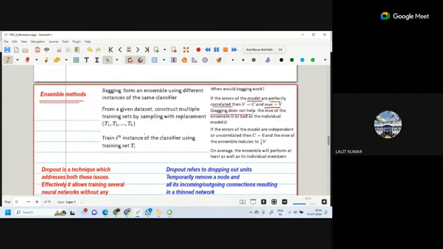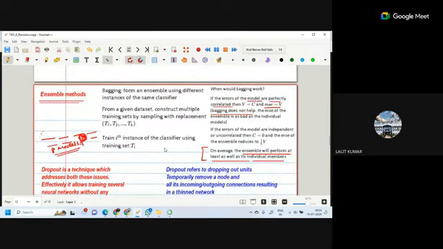So it is very important that the data sets you select are different from the same data set. However, on average, the ensemble will perform at least as well as its individual members. If there are 8 models, then if not better than the best, it will be as good as the best model which has been trained.